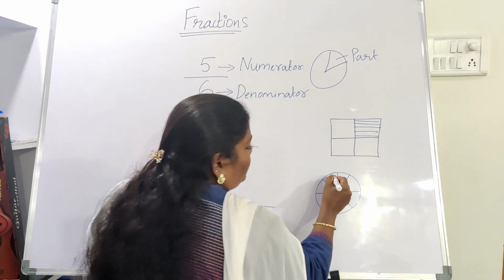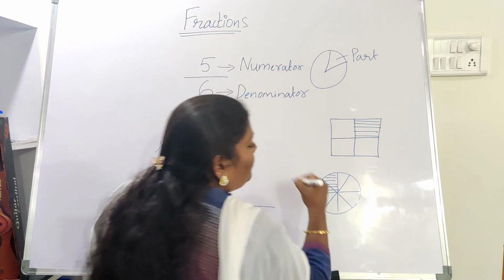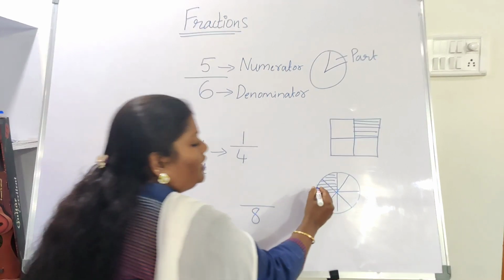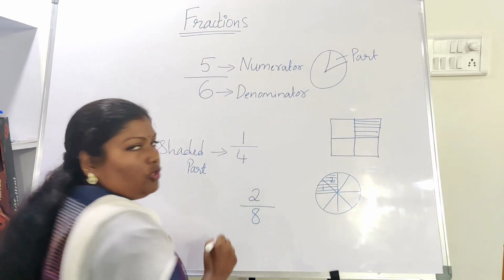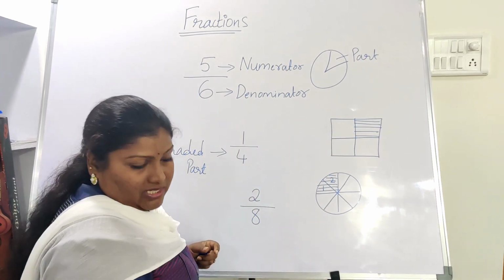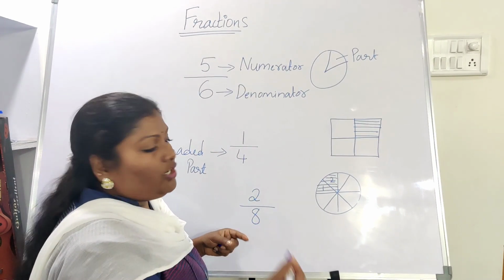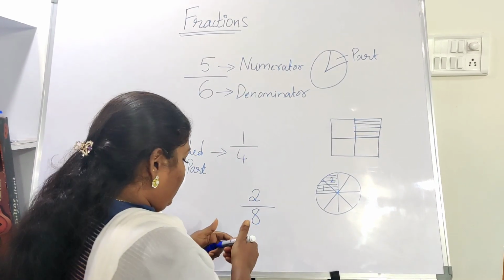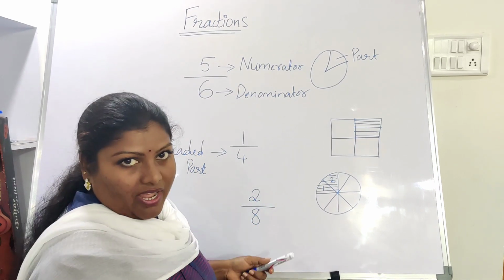Now if I shade these 2 parts, how many parts have been shaded? Only 1, 2. So this 2 we are going to represent in the numerator. So the numerator shows how many parts you have selected, and the denominator says the whole is divided into how many parts. Now let me explain in depth the types of fractions.